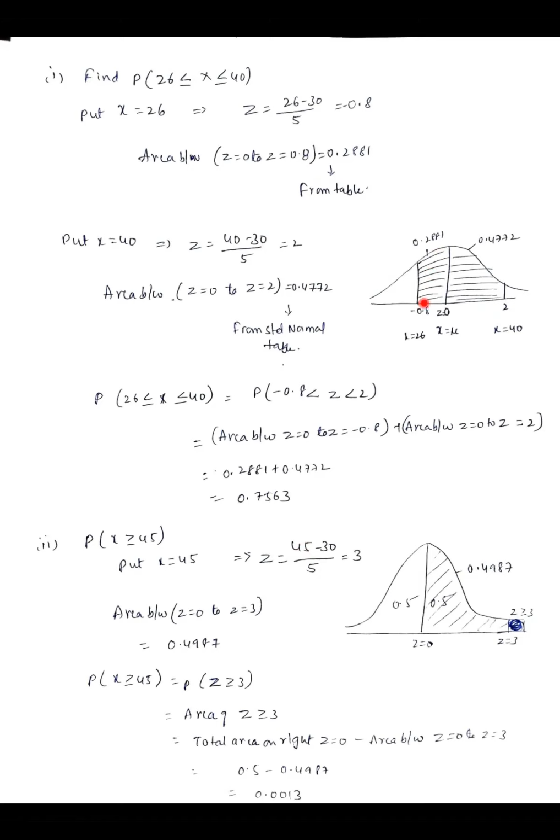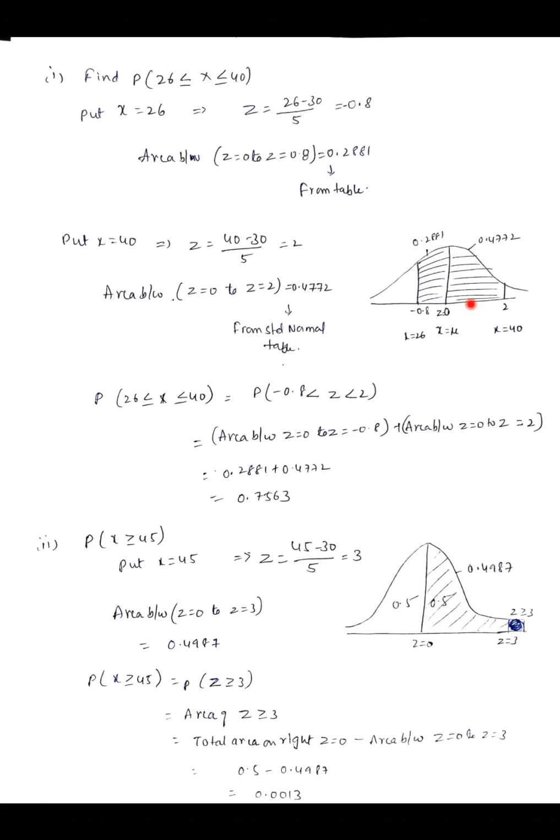Next, put x equals 40 in this z, and you will get 2. In the normal distribution table, between 0 and 2, the value is 0.4772. So this area will be 0.4772.